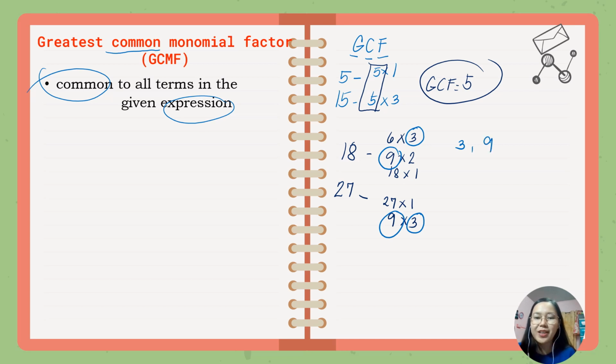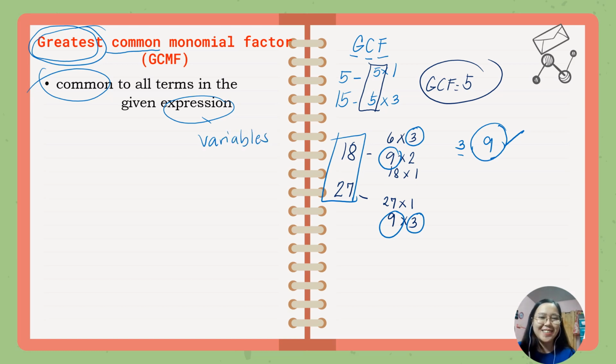Therefore, 18 and 27 have two common numbers. But we need to find the greatest, pinakamataas, which is greater here, 3 or 9? Of course, 9. That is the concept of GCF. Kaya lang, dito ngayon, meron na siyang expression, meron na siyang variable. Yun lang naman. Madali lang yan. Kaya niyo yun.